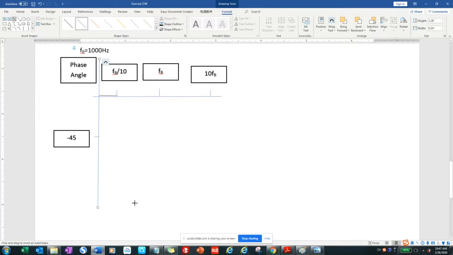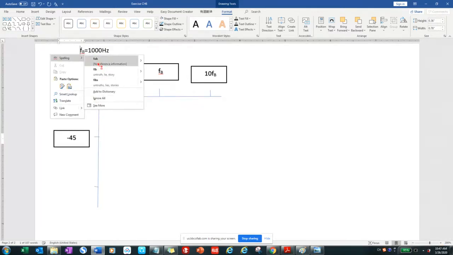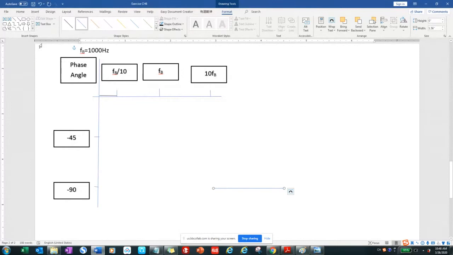If the frequency is higher than 10 multiplied by FB, they should all be negative 90.